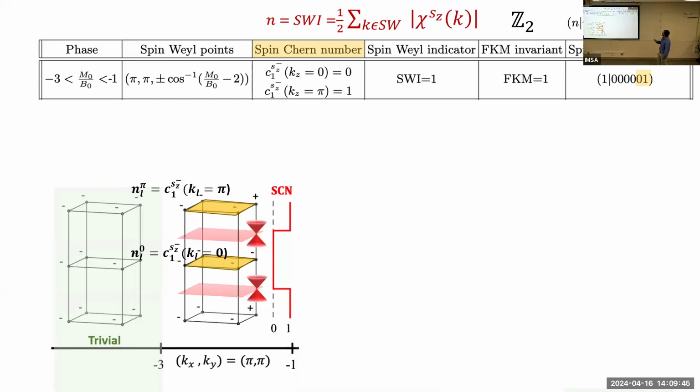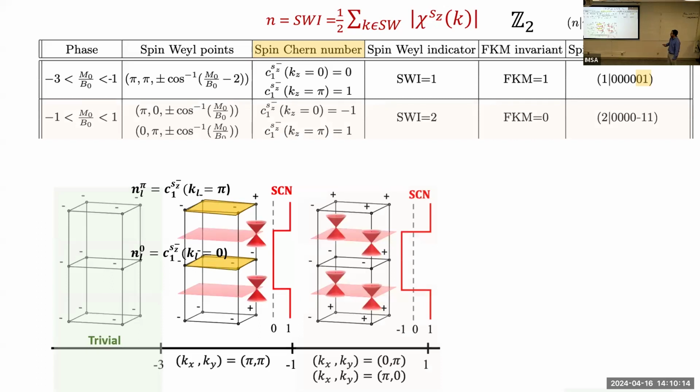And also we noted that the spin Weyl indicator is not the only parameter we need to describe the topological phase. We need other extra numbers that in this case are the spin Chern numbers on the top and in the middle of the driven zone, for Kc equal 0 and Kc equal pi, and also for the kx and ky component.